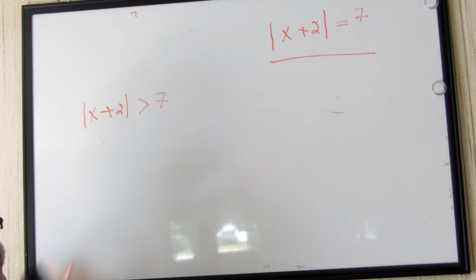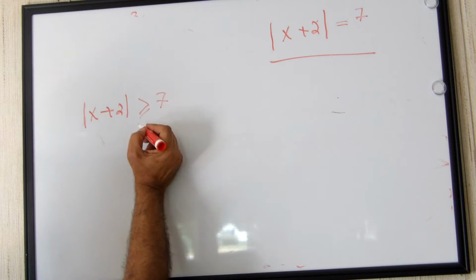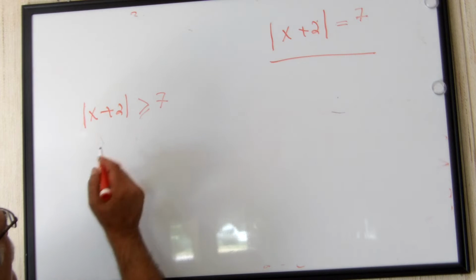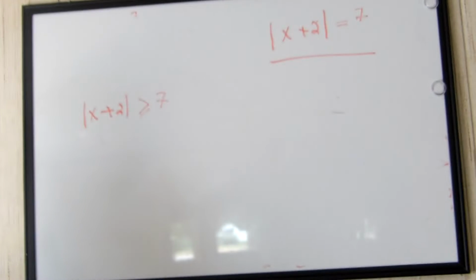Now, if we have greater than or equal to 7, we do the same thing because it has the inequality sign. What we do is say x plus 2 is greater than or equal to 7, and x plus 2 is less than or equal to minus 7.